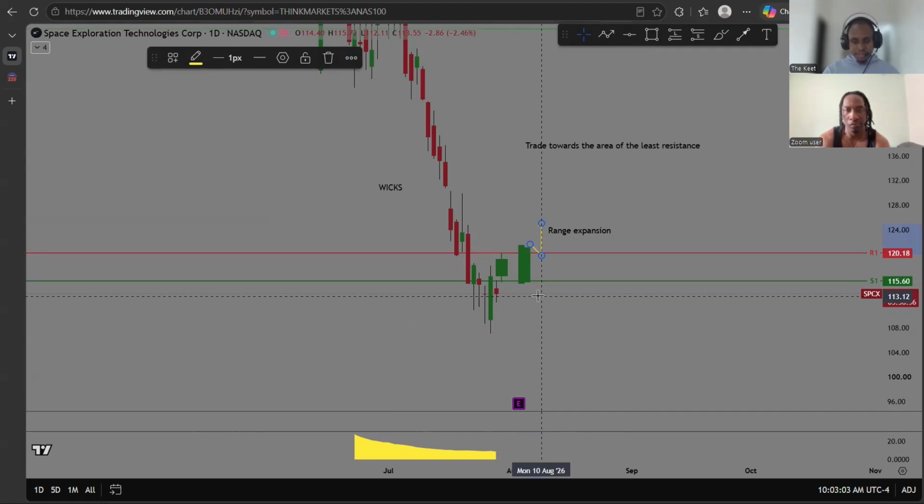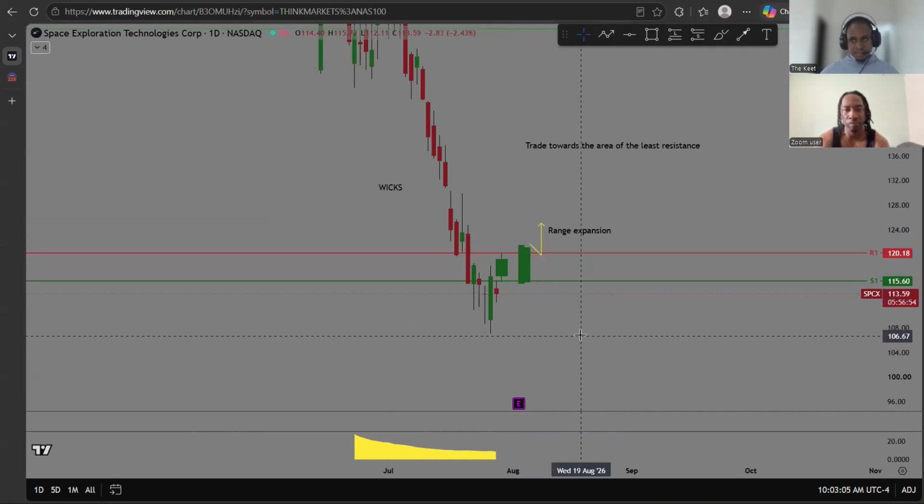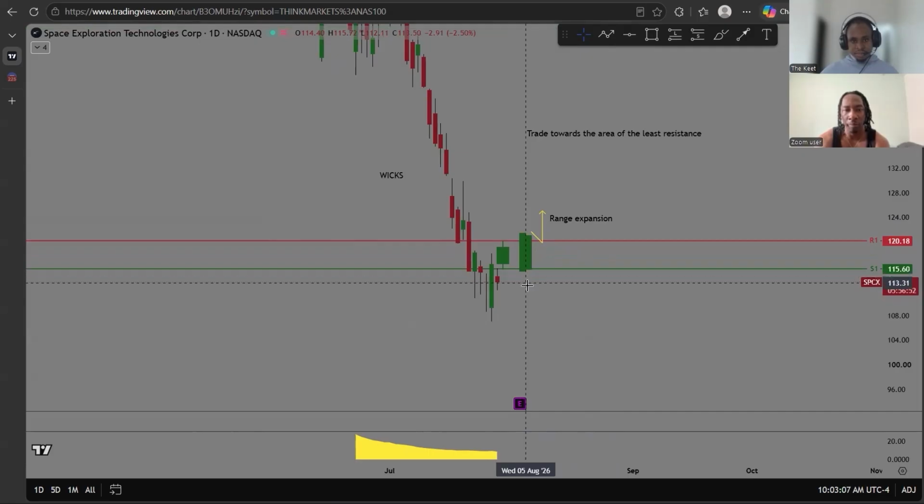So let's say when this move is established, maybe on a Monday or on a Tuesday, that means you've got something to trade on the next two days. So you leave the next day for a pullback, for you to trade on the next day.